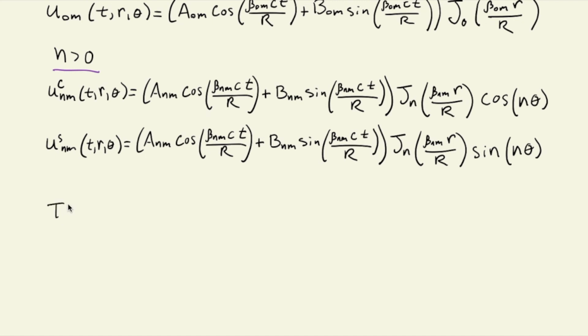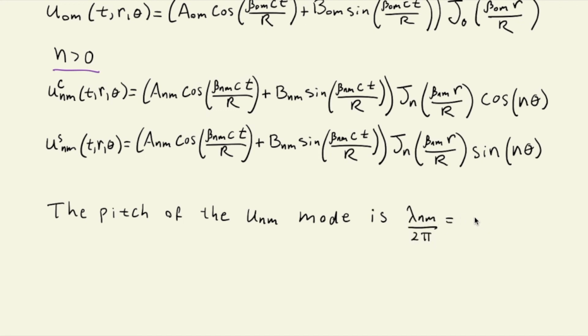So the pitch of the u n m mode, and here you could put sine or cosine, is lambda n m over 2 pi, which you can write, we have a formula for lambda, as beta n m c over 2 pi r.